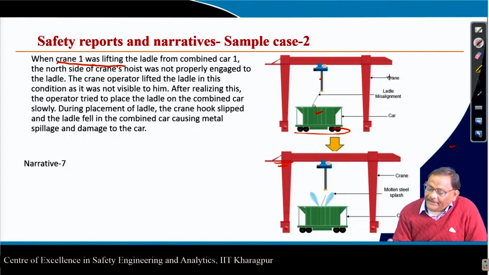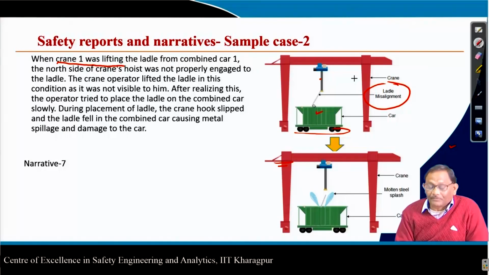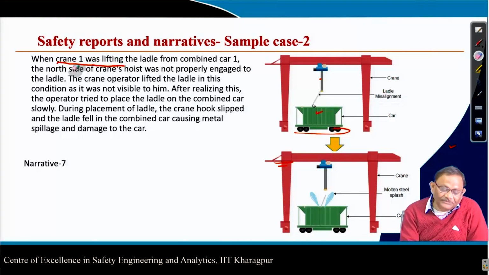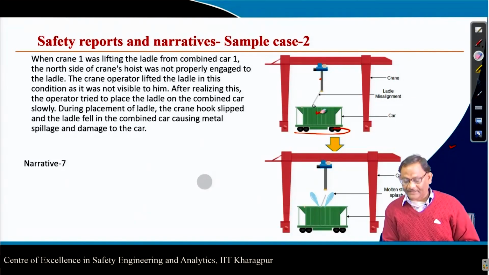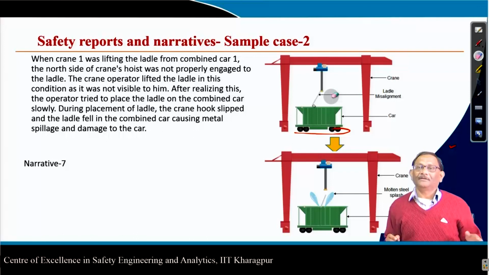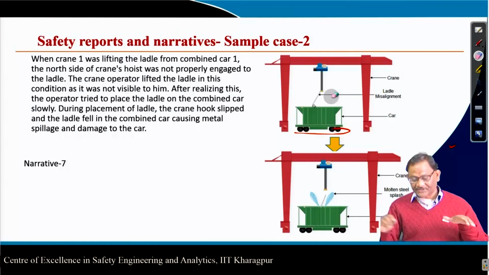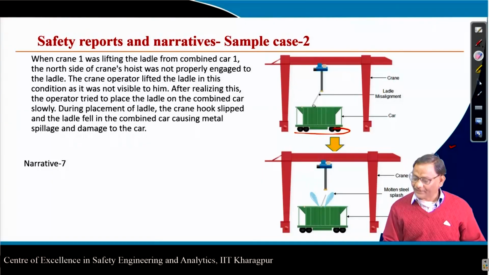Now the crane hook and ladle misalignment can cause certain problems like molten steel splash. That is what is explained here. You are getting it? So our second example talks about material handling. Basically it is hot material handling using a crane, a material transfer process from one place to another.